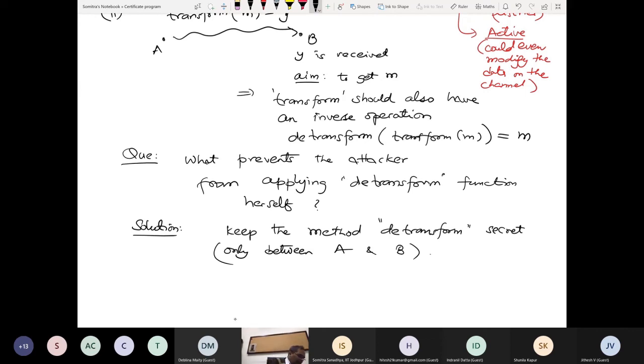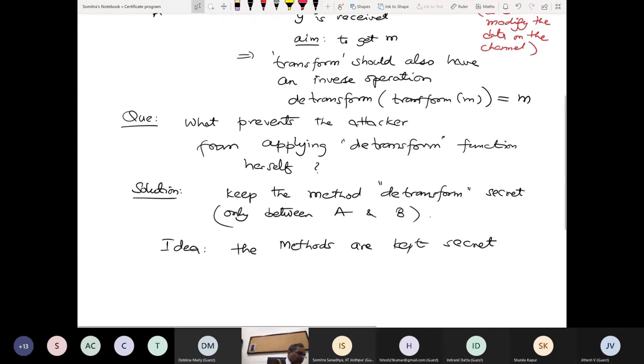So the idea here is that the methods are kept secret. And this is actually a very useful device, and has been done in history many times. But this is not what we want to figure out.